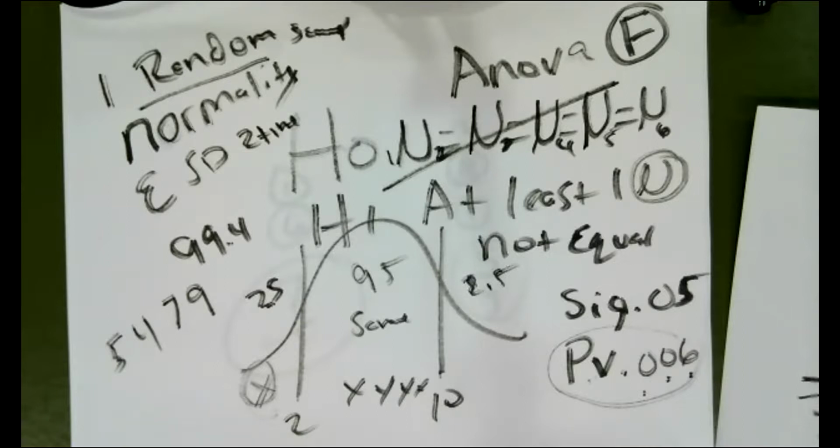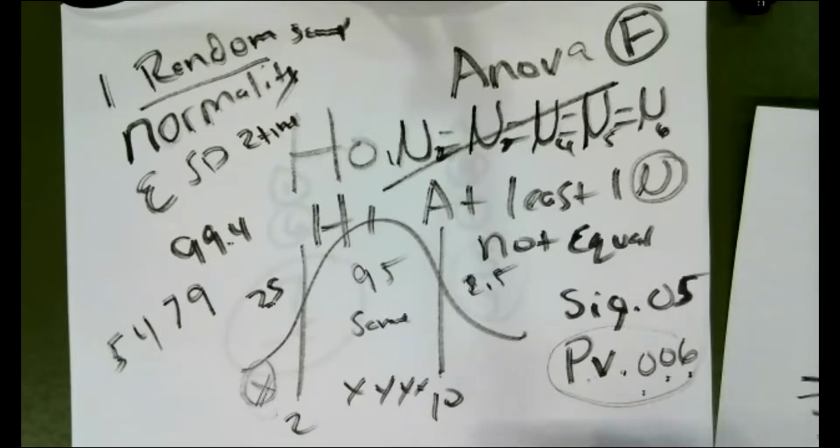So if you have 6 groups, the number of patients in all 6 groups has to be exactly the same. If most of them are at 10 and one of them is at 9, it doesn't work.